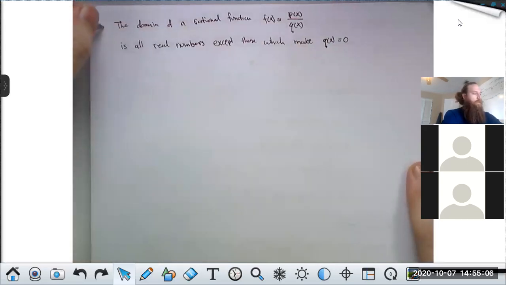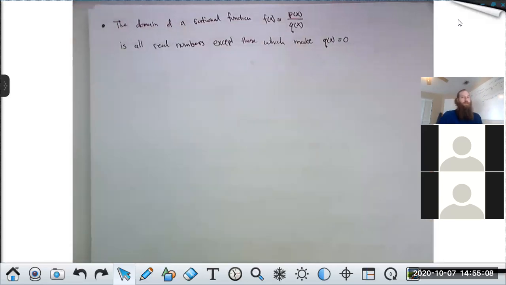This is a good thing to know, because if you want to sketch the graph of a function, you want to know its domain.